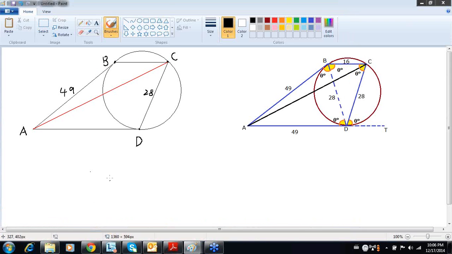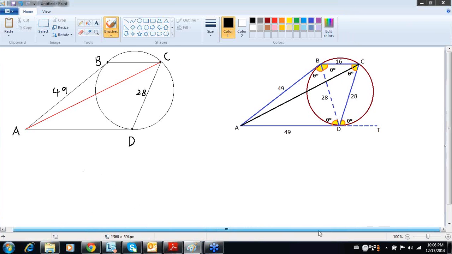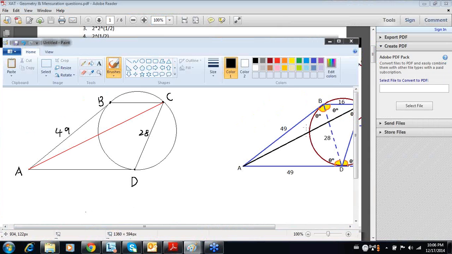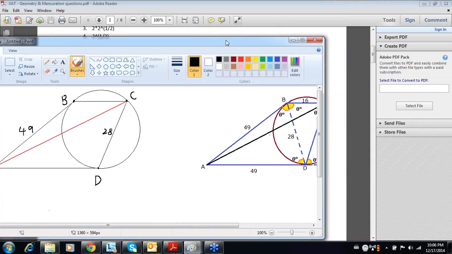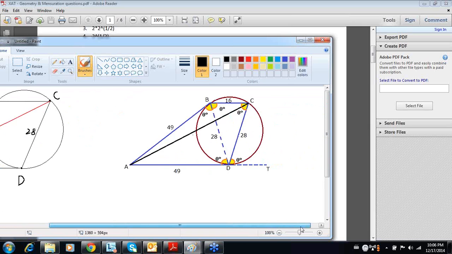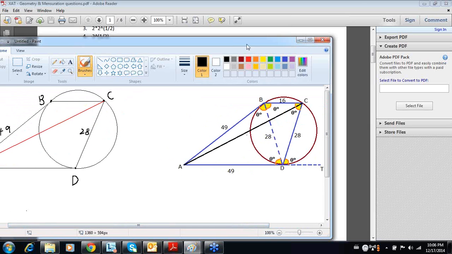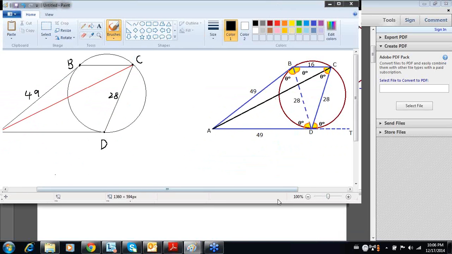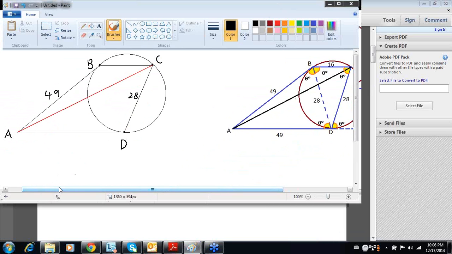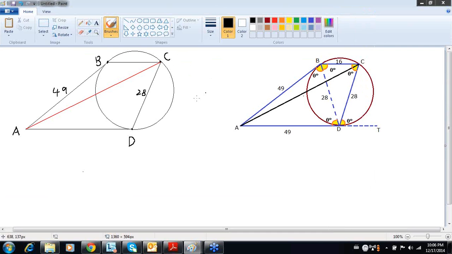Let us go to question number 2. What is it asking? Basically, it is asking the value of AC.